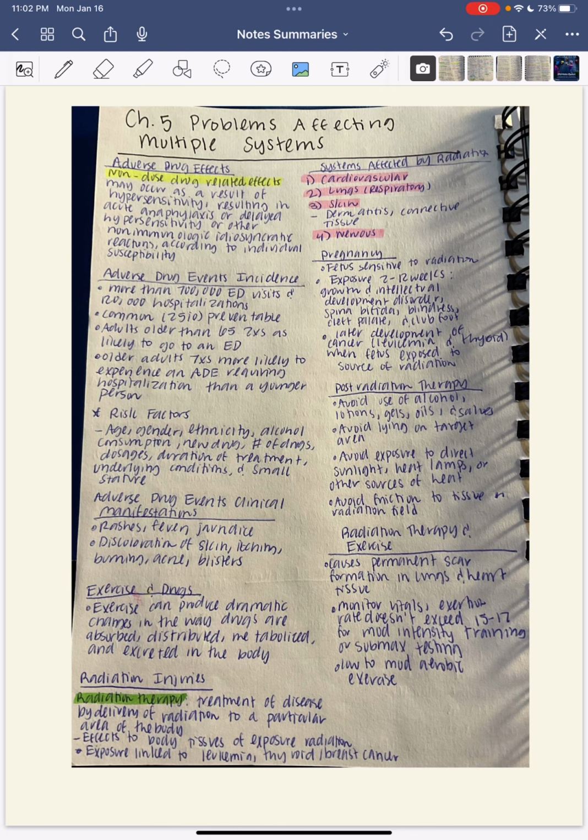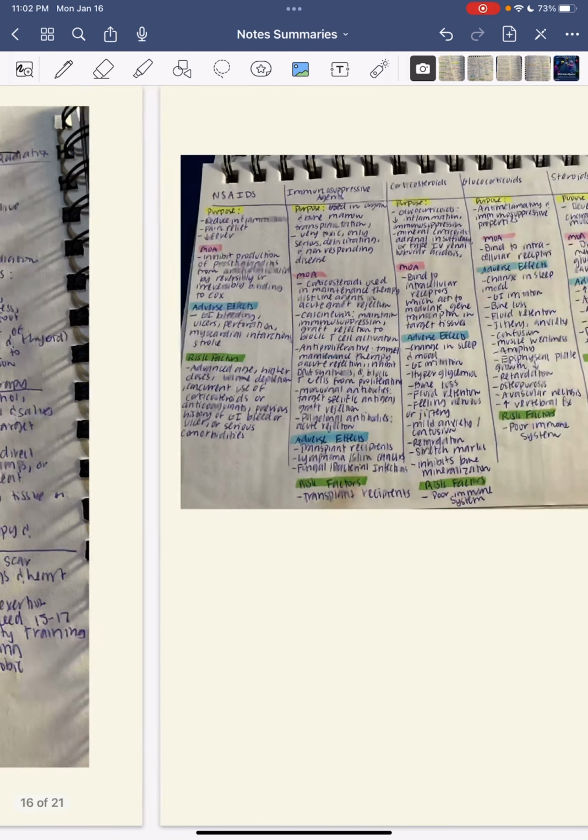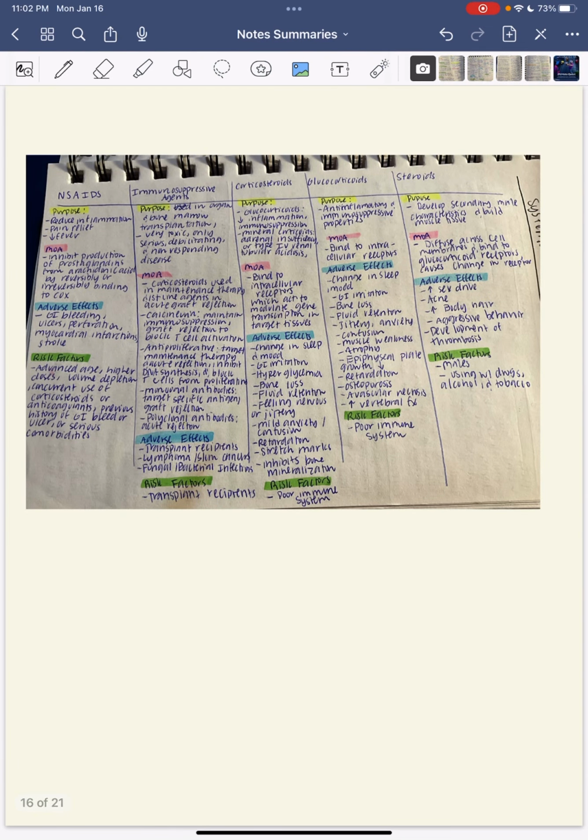Radiation therapy and exercise: radiation can cause permanent scar formation in the lungs and heart. So you're going to have damage from that specific radiation. You're going to want to monitor somebody's vitals and exertion rate, making sure it doesn't exceed 15 to 17 for moderate-intensity training or submaximal testing, and low to moderate aerobic activity is done as appropriate. Here are some different classes of drugs.